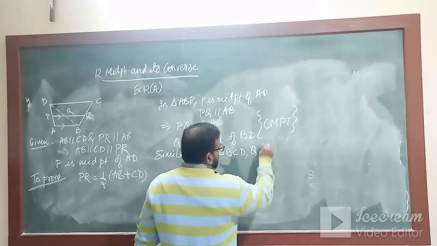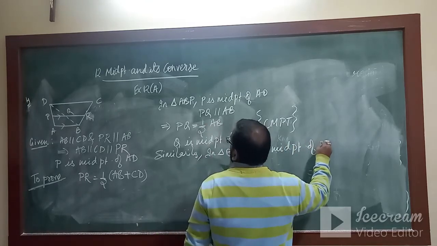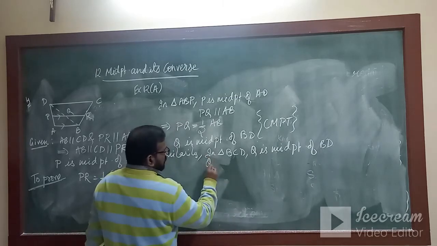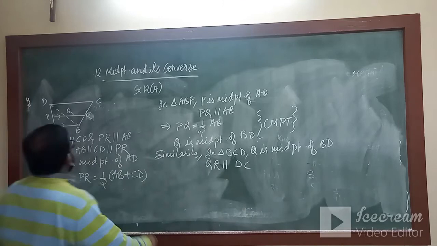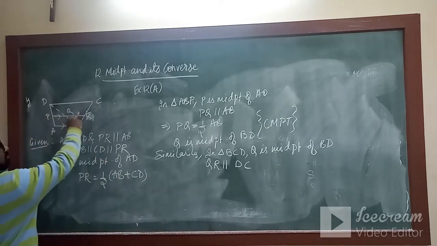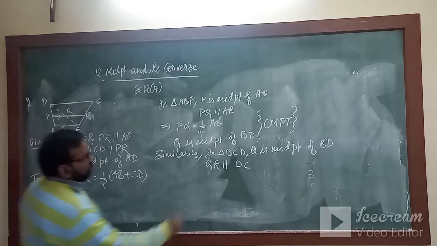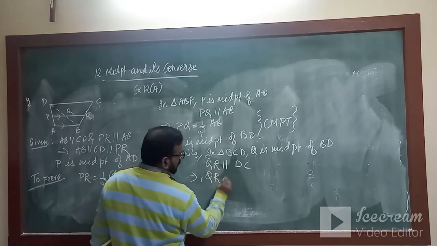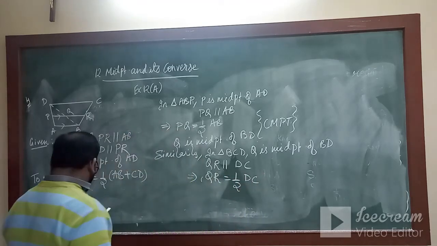Q is the midpoint of BD, this we have just proved. And QR is parallel to DC. QR is the part of PR, which was parallel to DC, that is already given. So we can say that QR equals half of DC.